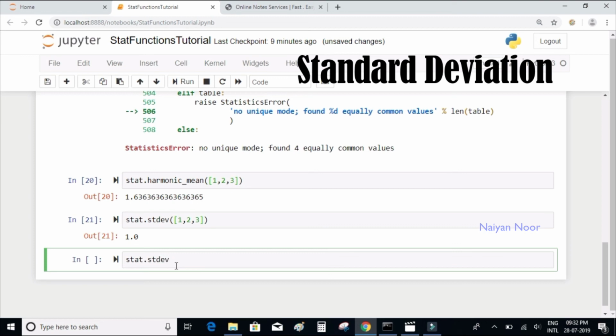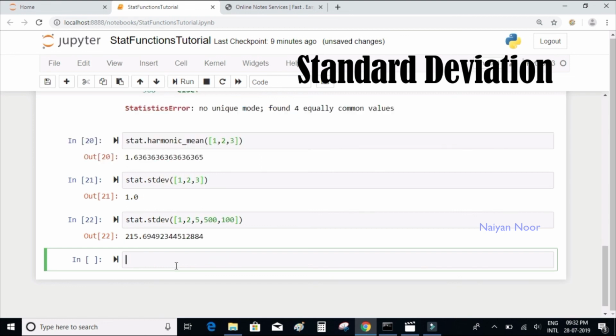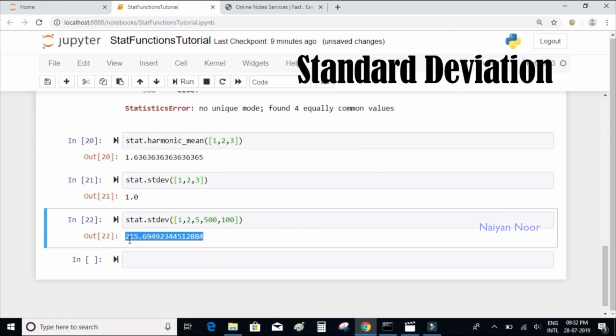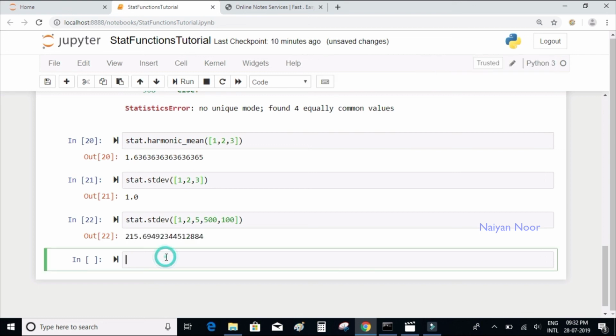To verify that, let's give some numbers: 1, 2, 5 and then 500, and then suddenly 100. If we try to find the standard deviation of this set of data, it obviously should be greater than 1. So you get 215, which means that there is a lot of dispersion or variation in the data set.